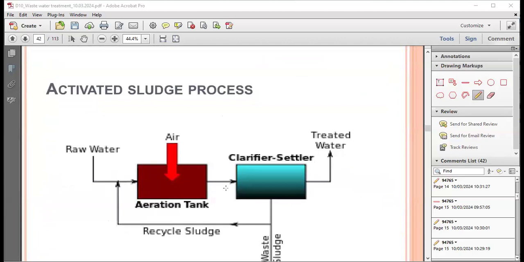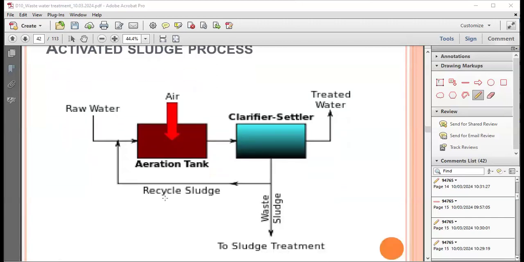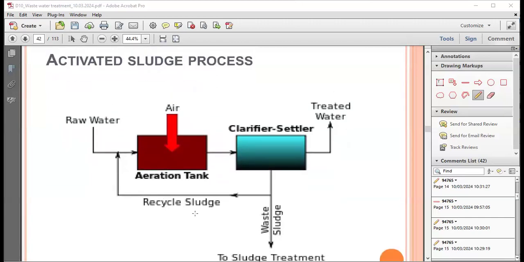This is the schematic diagram of the activated sludge process. Sludge means the suspended solids under the water, right? Activated sludge process: the raw water, aeration tank, clarifier settler, treated water.